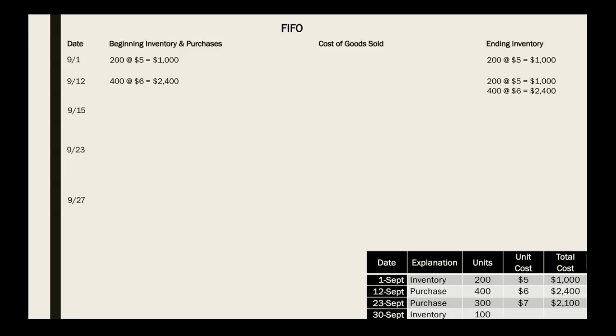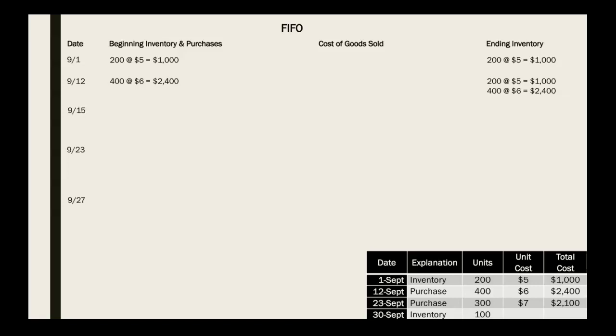So we want to write out that we still have those 200 units at $5 a piece. And then below that, we write that we now also have 400 units at $6 a piece. So in total on this day, we have 600 units. 200 of them are at one price, 400 are at another.